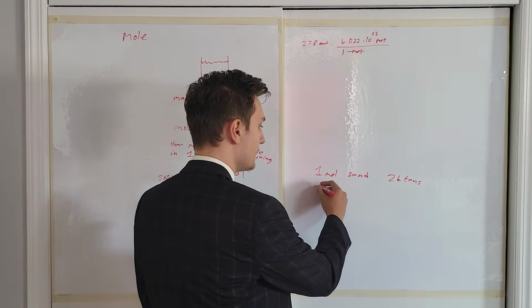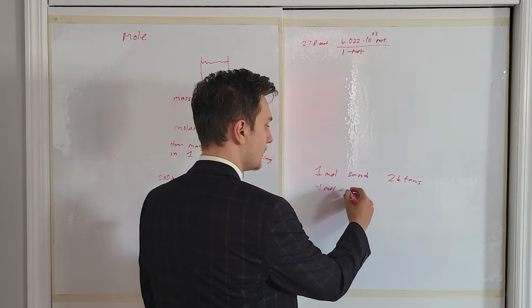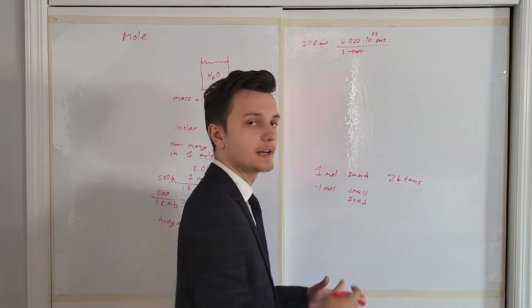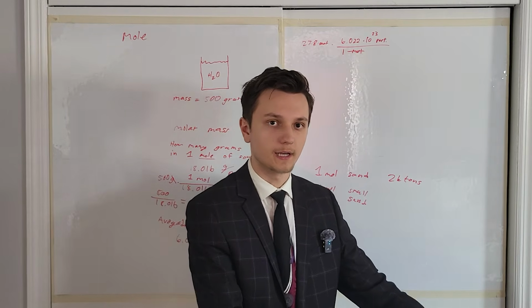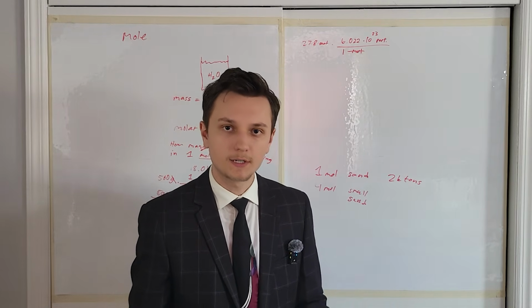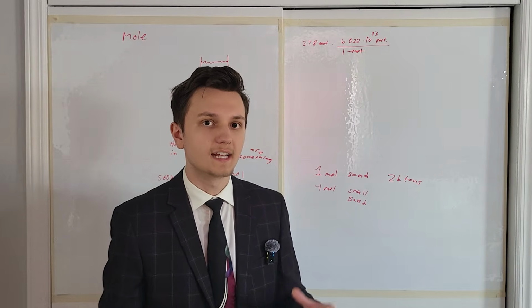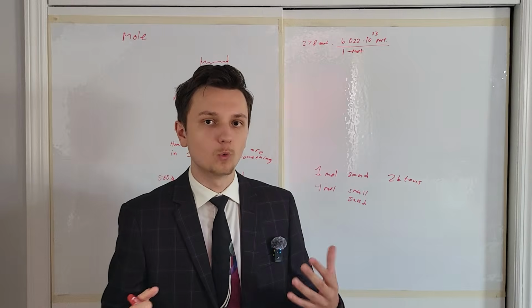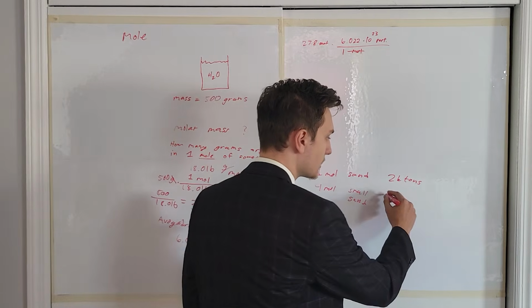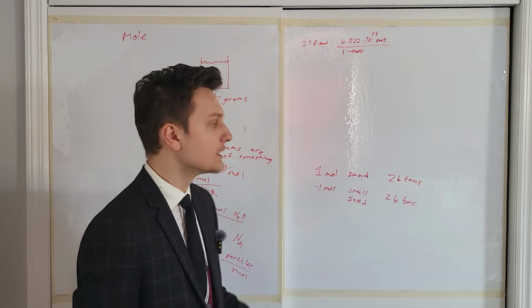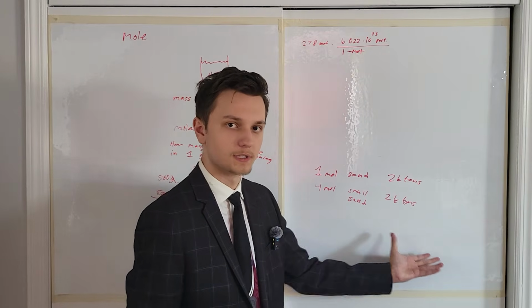So maybe now I have 4 moles of small sand now that everything has gone through the grinder, okay? But remember conservation of mass. Even though the particles are smaller, I still have the same total weight of sand. It's still going to weigh 2 kilotons, okay? This is the difference between moles and mass.